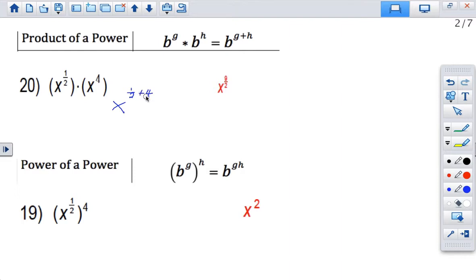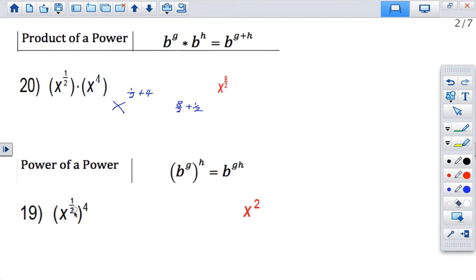If you're not sure how to do this, plug it into your calculator and get a fraction. But basically, the 4 would become 8/2 plus 1/2, and that's how we get the fraction 9/2 as your exponent. That's just one example of how the product of a power works.